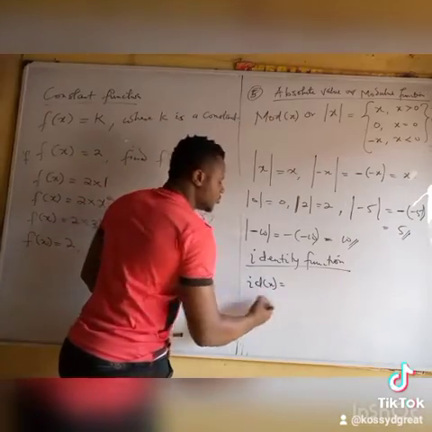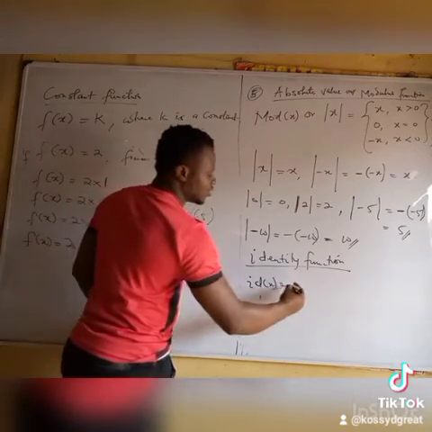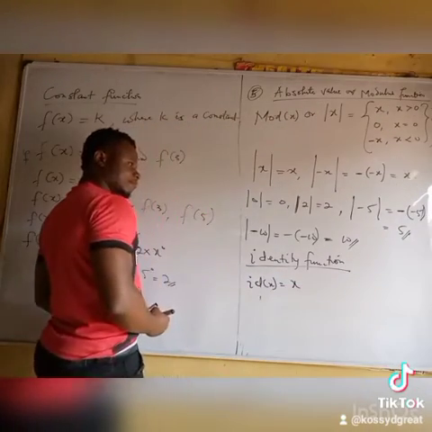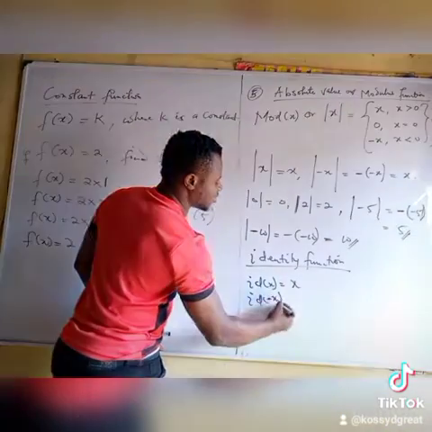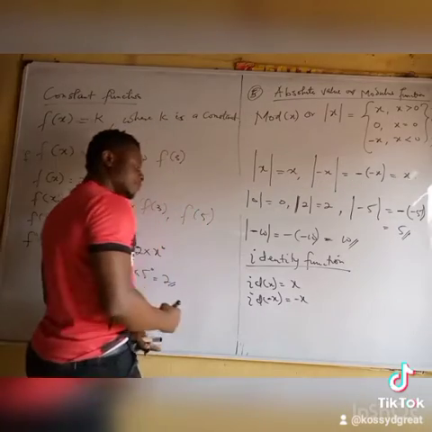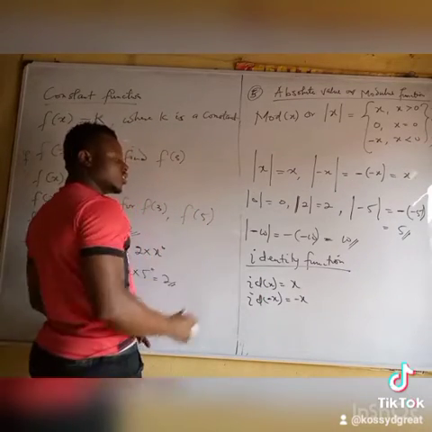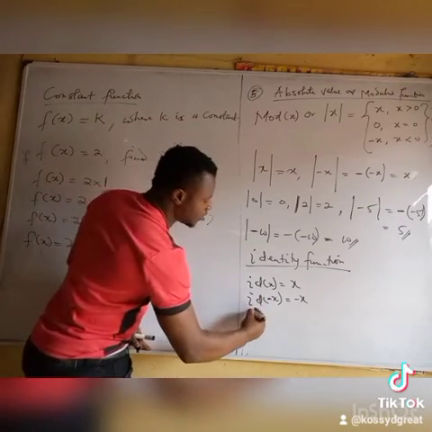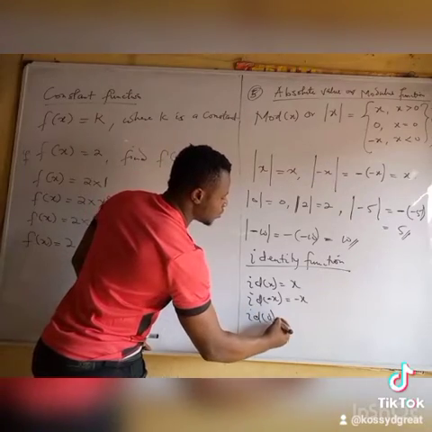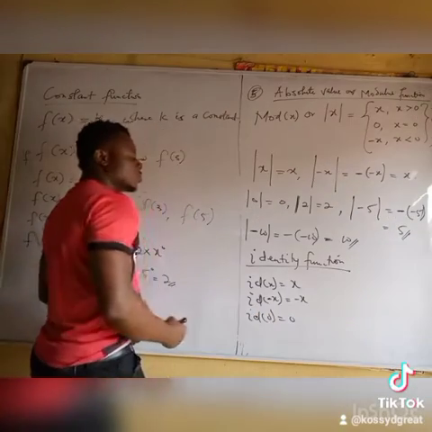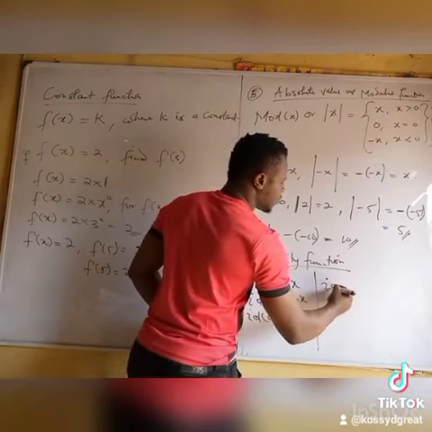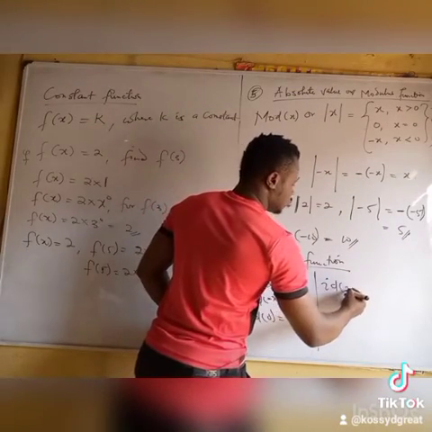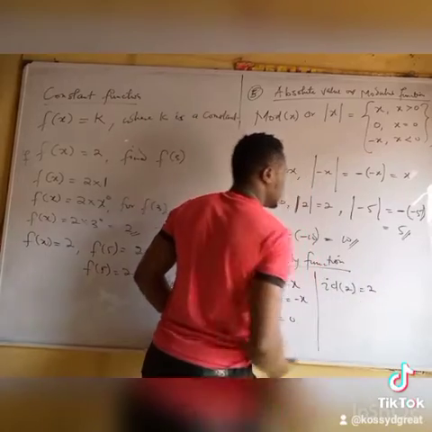So this will give me the identity of x still remains x. The identity of minus x is equal to minus x. It does not change. The value does not change. The identity of 0 is equal to 0. Using numbers to represent it, you can see the identity of 2 is equal to 2.